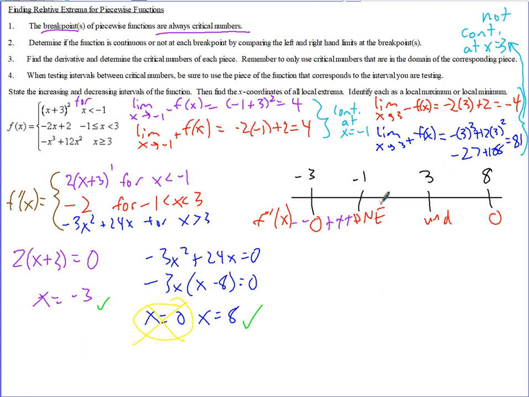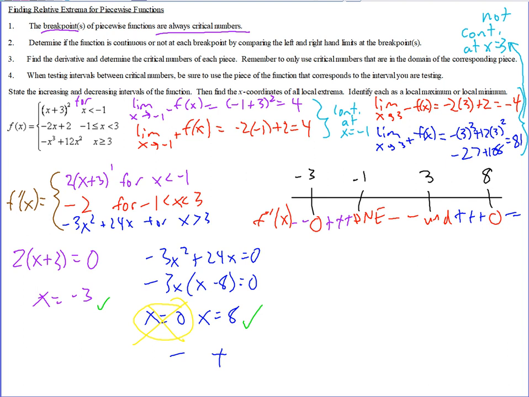And here you could test 0, but 0 uses the middle piece, and no matter what we test there, we're going to get a -2. That piece is negative. Here you could test 4, and it's funny to use the factored form down here of this third piece. That would give you a negative there, -3 times 4 is 4 minus 8 is negative, so negative times a negative is positive there. And 9, negative times positive, negative.